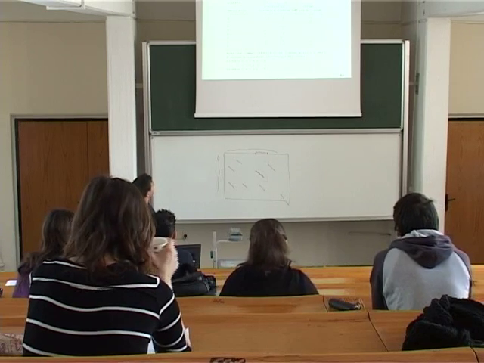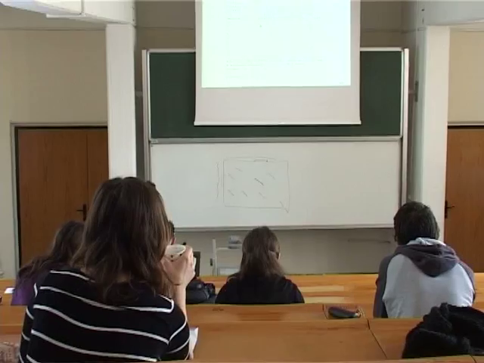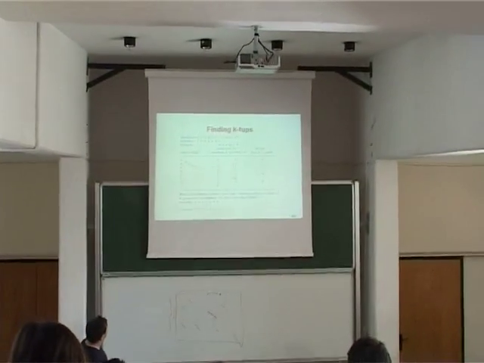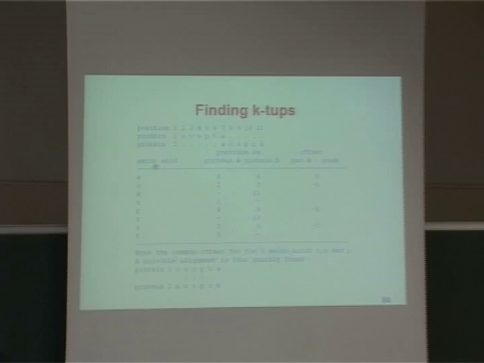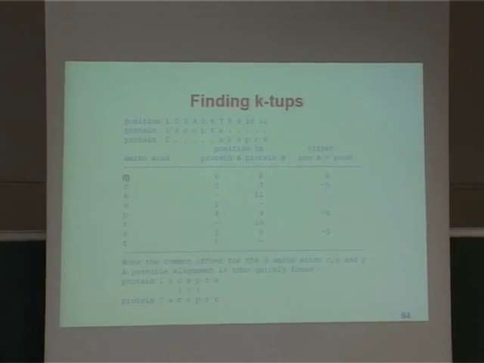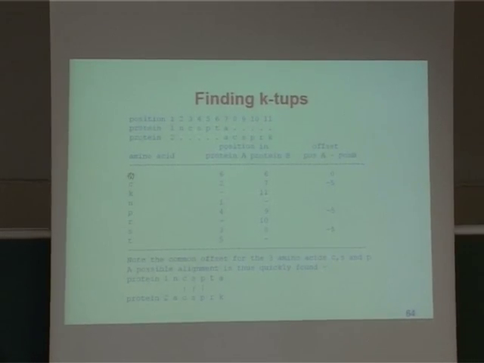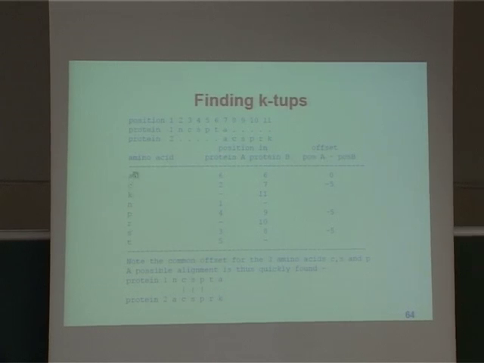And while finding the exact matches, we may do something like this. In this example, we have one-tuples, meaning that we are looking for words of length 1 in the amino acids. So this word, amino acid A, a word of length 1, appears in this position in this protein sequence, and in this position in the other protein sequence.